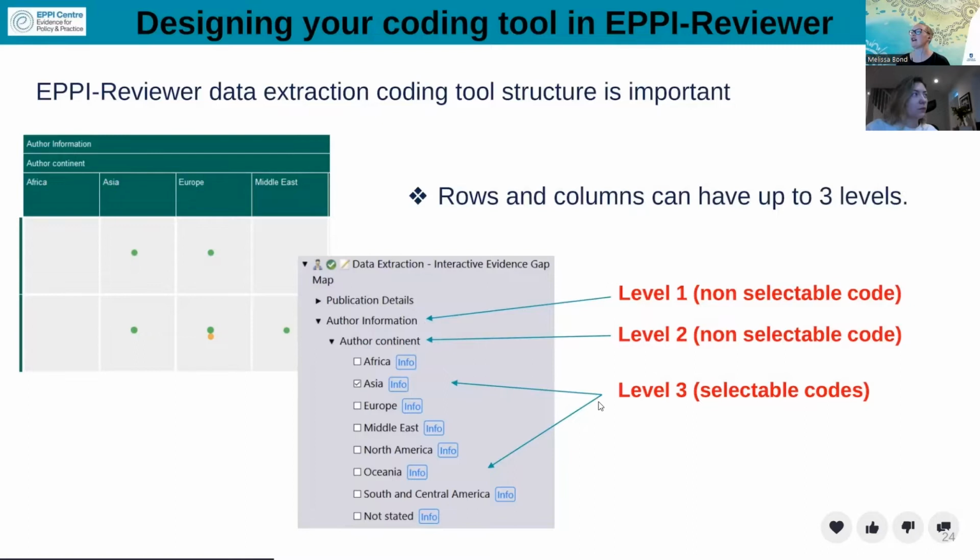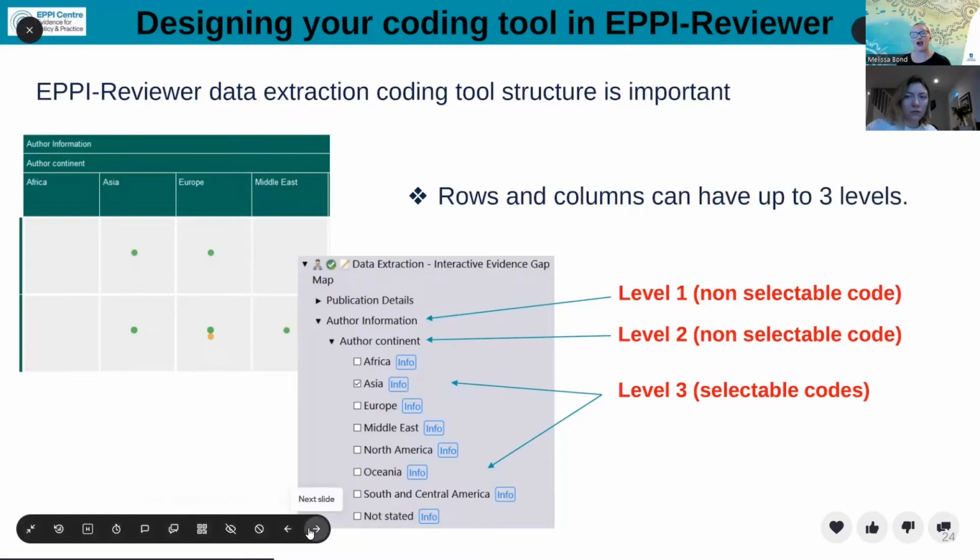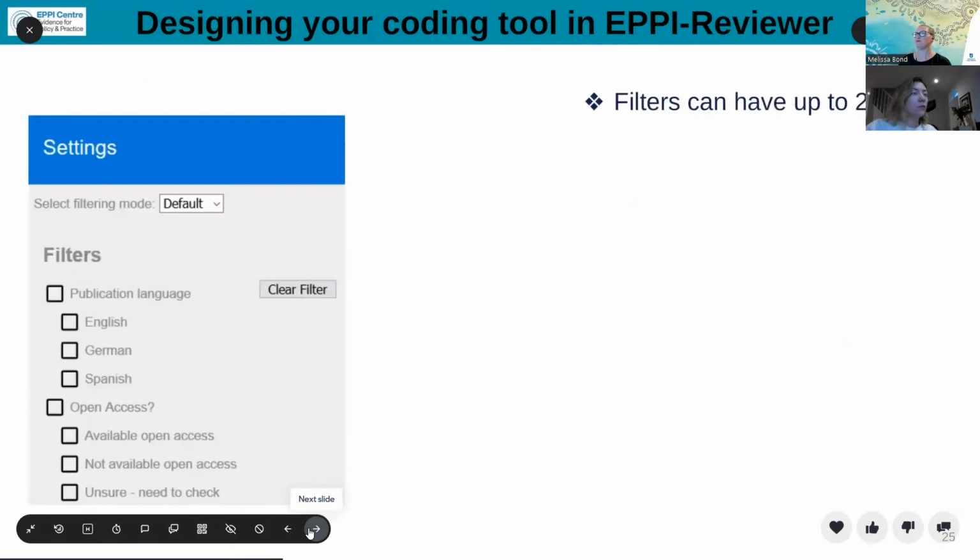Then underneath that, you would have your level 3 codes, which you would choose as selectable. These are the ones you can tick here using the codes. You can also click on the blue info button and type in any extra information you want to add. I will show you shortly how to create these in EPPI-Reviewer in case you haven't done that before.